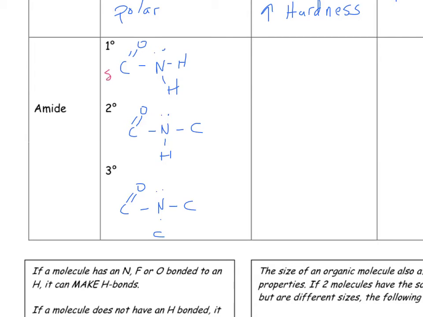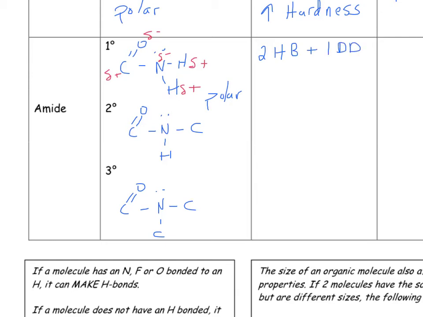Because you have polar CO bonds, polar CN bonds, and polar NH bonds, each classification of amide is a polar compound. There's a wide range in melting points and hardnesses for amides, depending on which classification you have. Because a primary amide has 2 H's attached to the nitrogen and an oxygen, it can make 2 hydrogen bonds with another amide and form one dipole-dipole attraction.